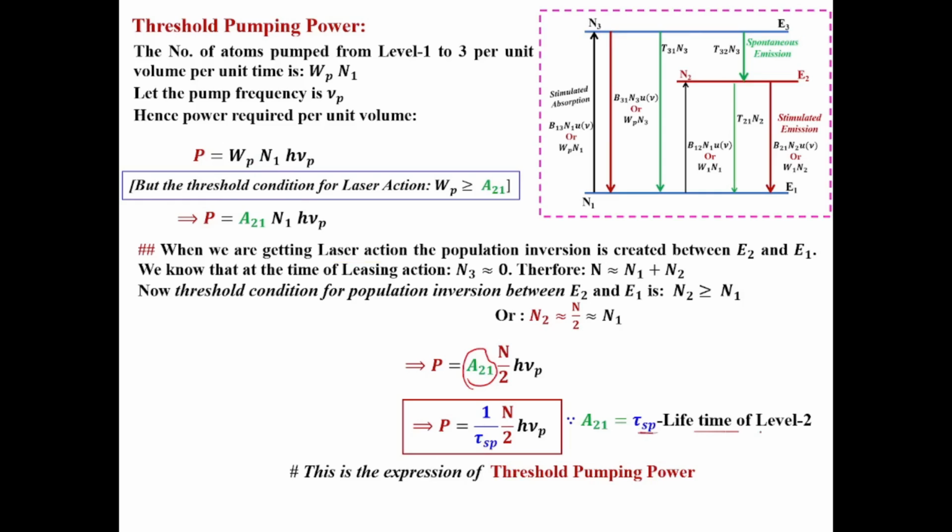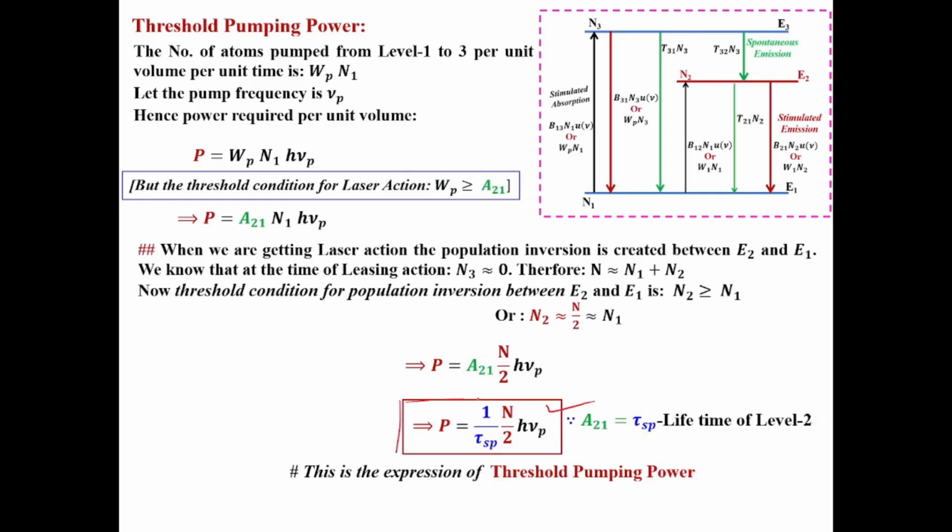This is the spontaneous lifetime of energy level 2, so it is written as sp. Already we have discussed that the unit of A21 is always second inverse. So this is equal to 1 by the lifetime of level 2. So the threshold pumping power is equal to this much.